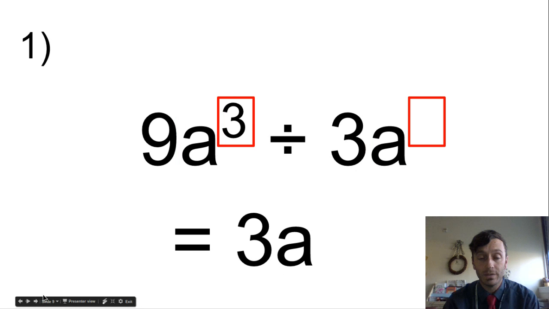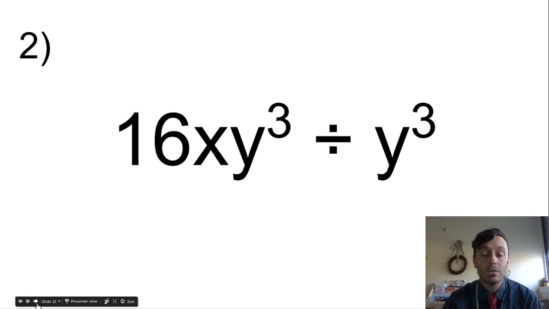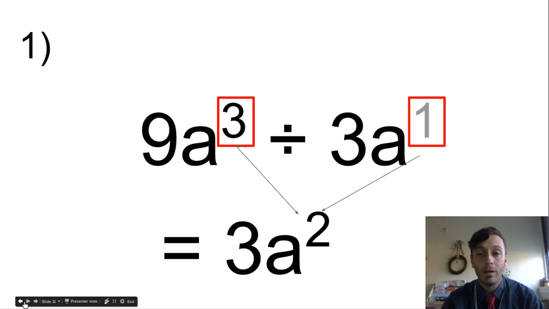I've got 9a cubed and then 3a. So what exponent should go there? If it doesn't have an exponent, you can always imagine there's a ghost 1. So then we go 3 minus 1 is 2. 9a cubed divided by 3a is 3a squared.